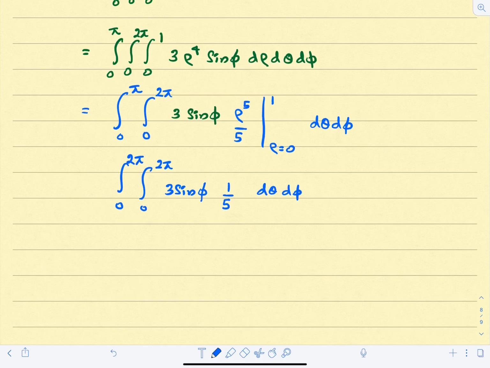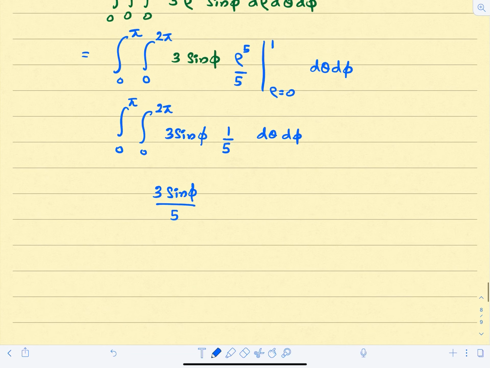The next integral is with respect to the theta variable, so this entire integrand can be treated as if it is a constant. So we have 3 sine phi over 5, and the integral of 1 with respect to theta is theta.